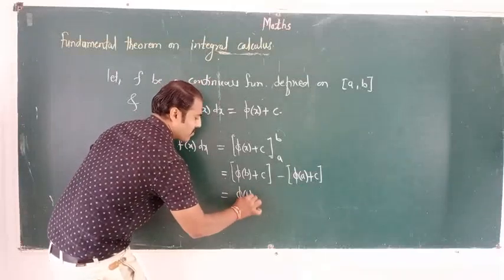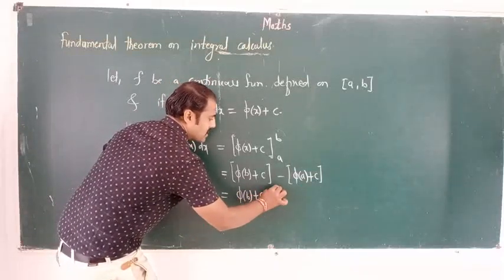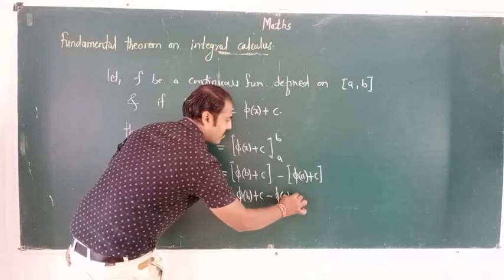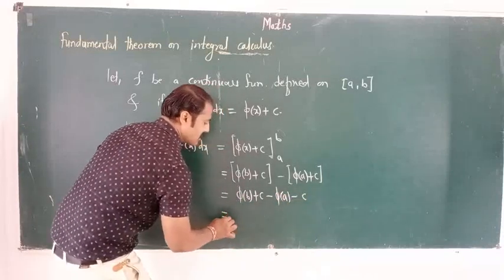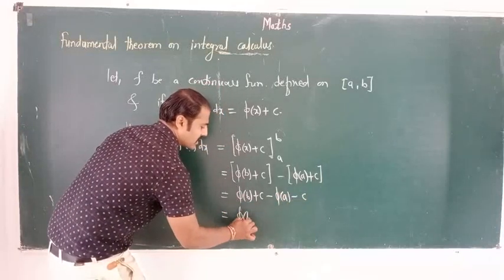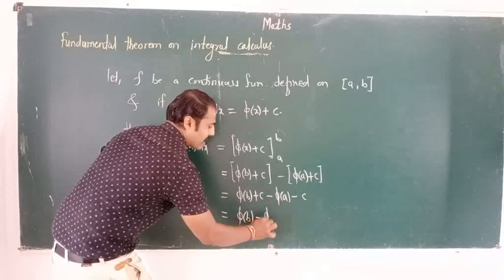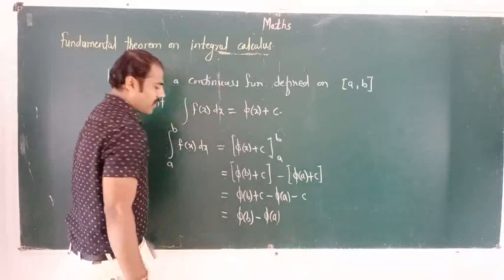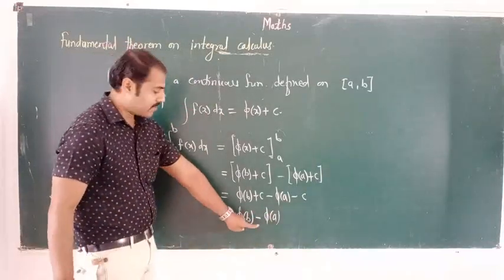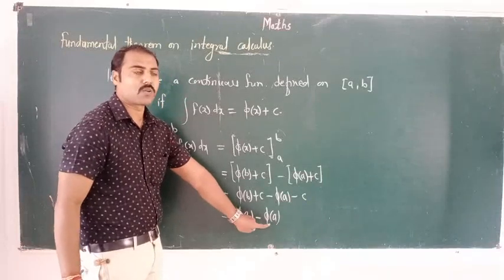Which is equal to phi of b plus c minus phi of a minus c; plus c minus c get cancelled. This is equal to phi of b minus phi of a, the value of the primitive at the upper limit minus the value of the primitive at the lower limit.